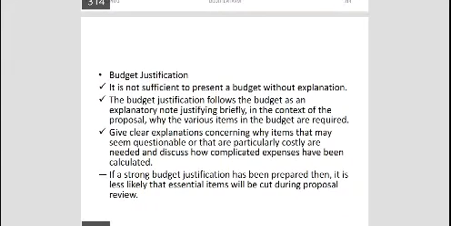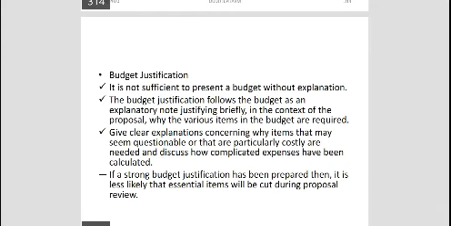Let's go to budget justification. It is not sufficient to present a budget without explanation. This is clear and everyone understands that. So the budget justification follows the budget as an explanatory note justifying briefly, in the context of the proposal, why the various items in the budget are required.